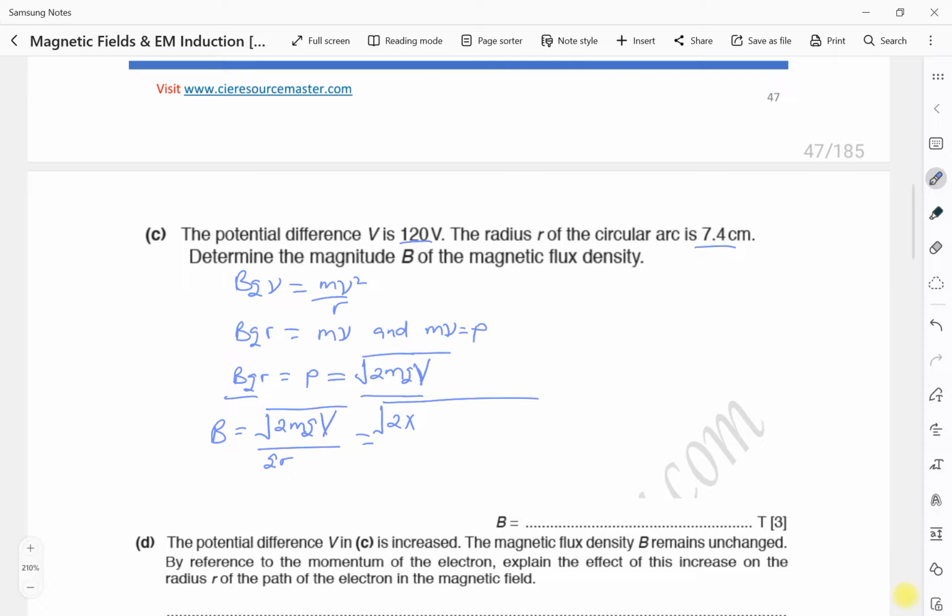The mass is 9.11 times 10 to the power of minus 31 for the electron, then times the charge, 1.6 times 10 to the power of minus 19. The accelerating PD was 120. Then divide by the charge, 1.6 times 10 to the power of minus 19 coulombs. The radius is 7.4 times 10 to the power of minus 2.